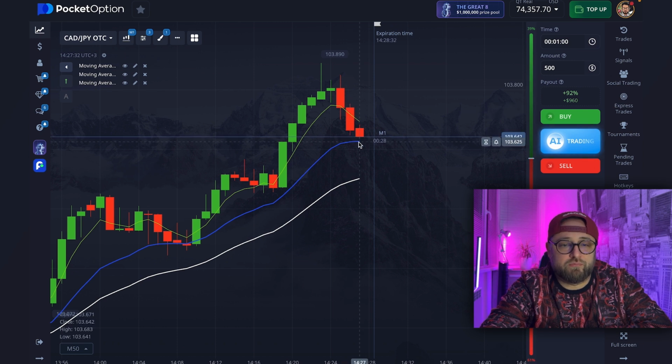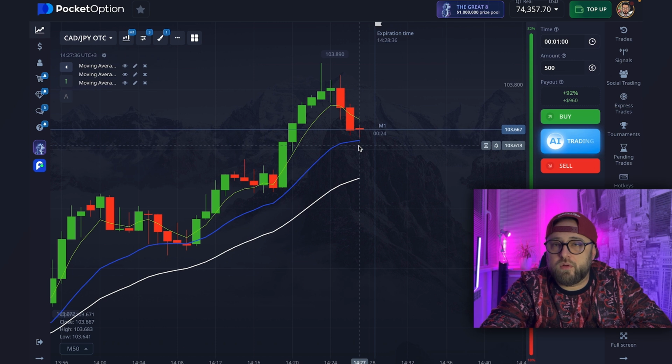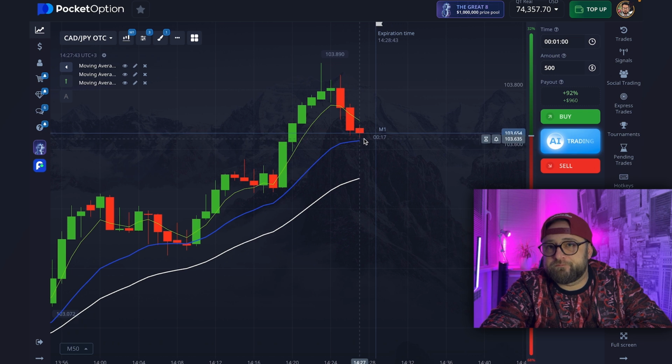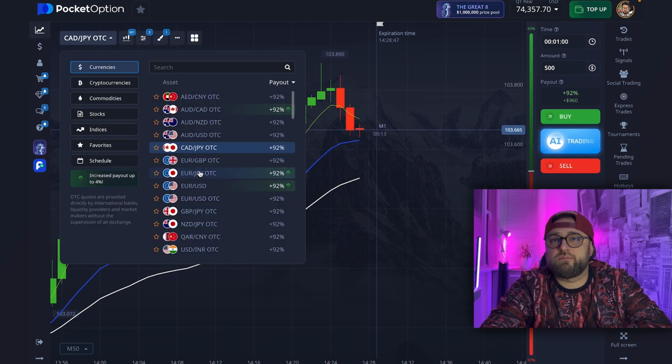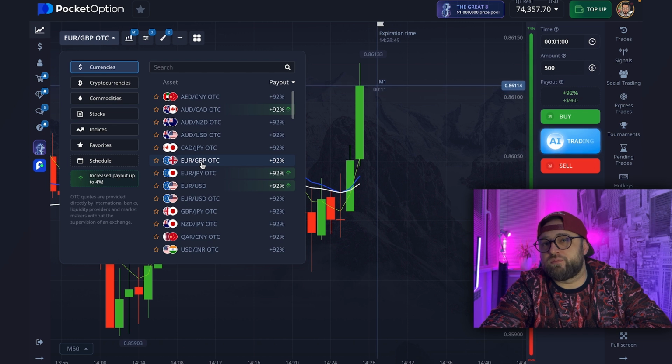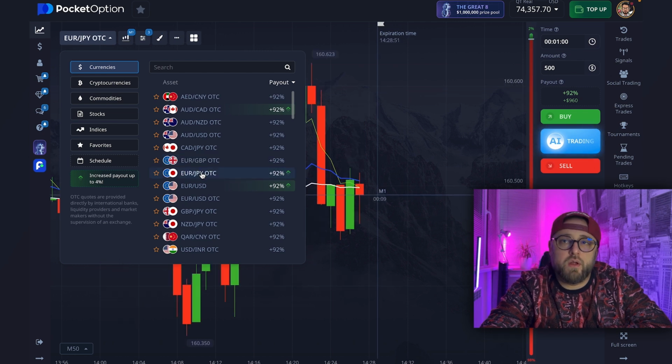Now we have a really good trend reversal, but now I want to show you something more clear about this strategy. You can see that this orange candle breaks through.